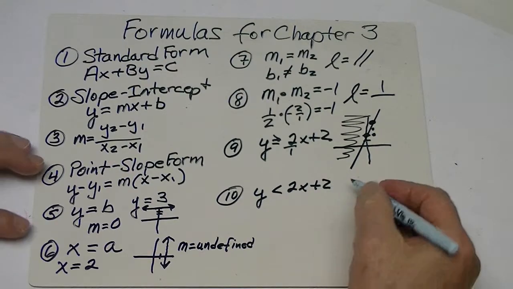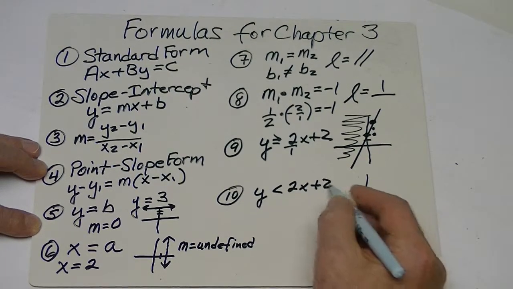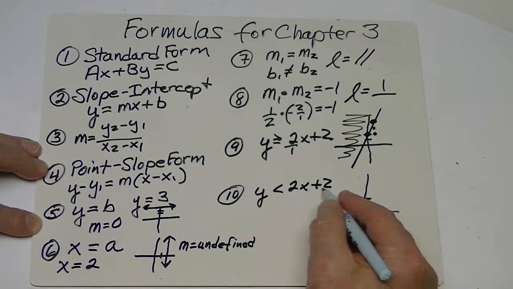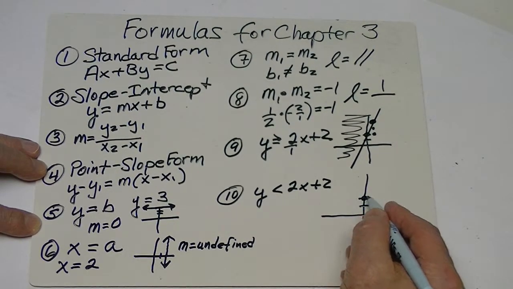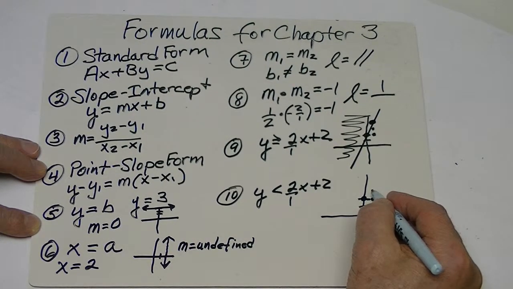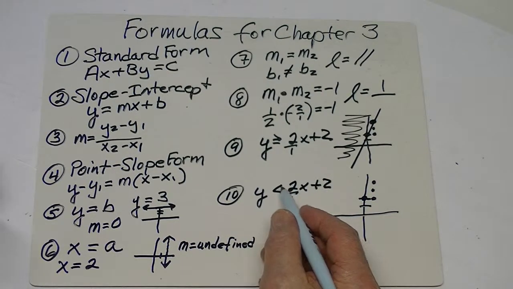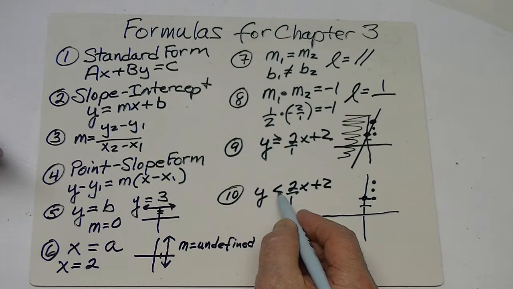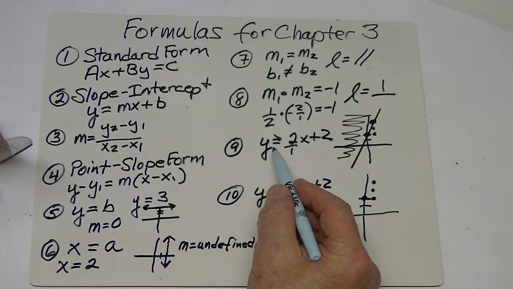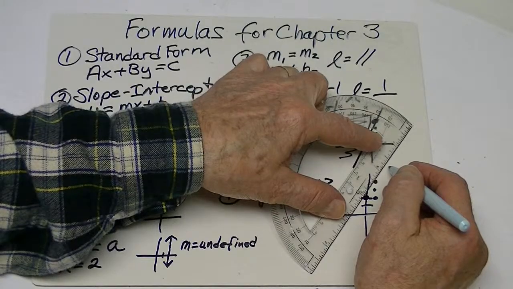And now doing this one, again, our y-intercept first, over 1, up 2. Now, when we have the inequality sign without the equal sign, instead of drawing a solid line as we did here, we're going to draw a dotted line.